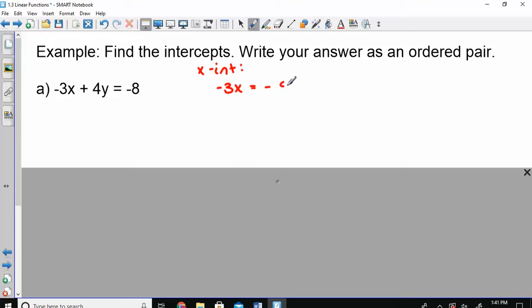So you have negative 3x equals negative 8. Divide by negative 3, so x is 8/3. So as an ordered pair, the x is 8/3 and the y is 0.